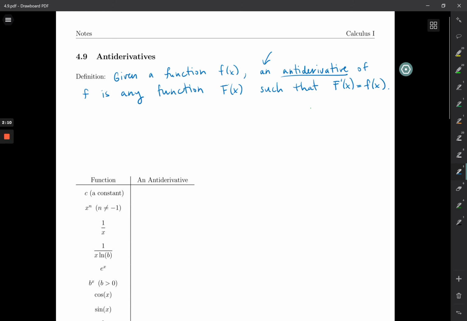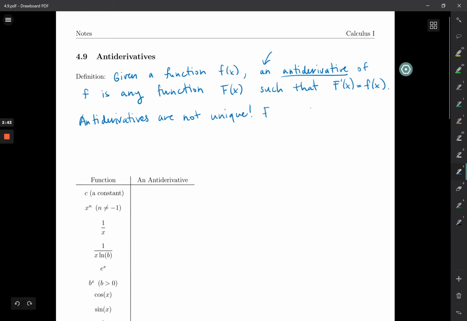antiderivative for one function. So we say that antiderivatives are not unique. Okay. But they are all very similar. You can't get exactly one, but they only differ by the addition of a constant.